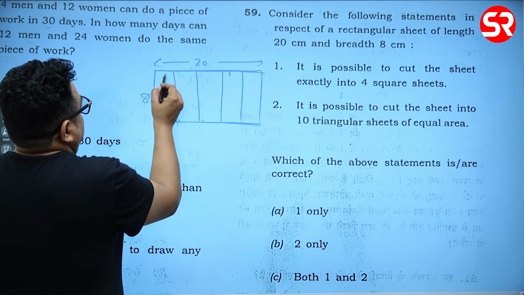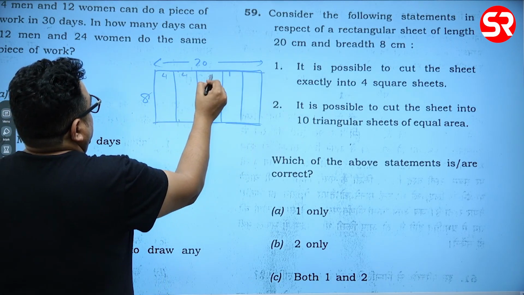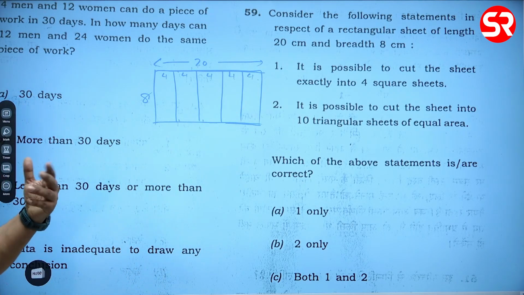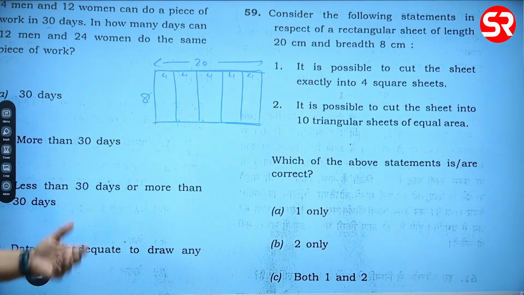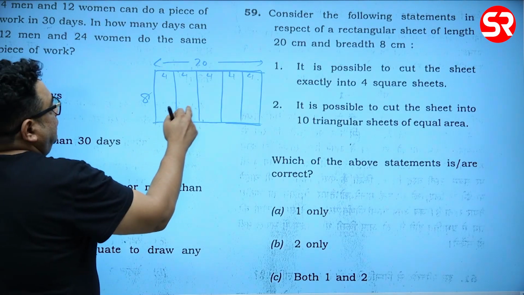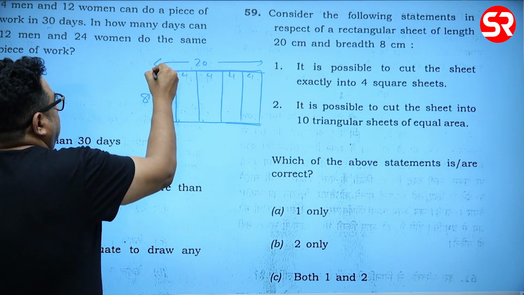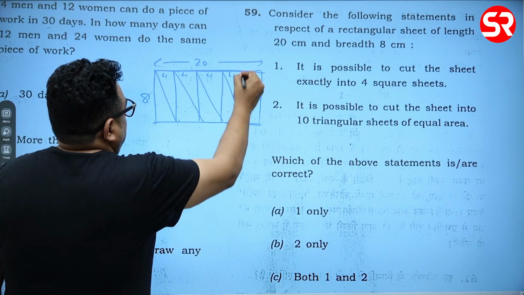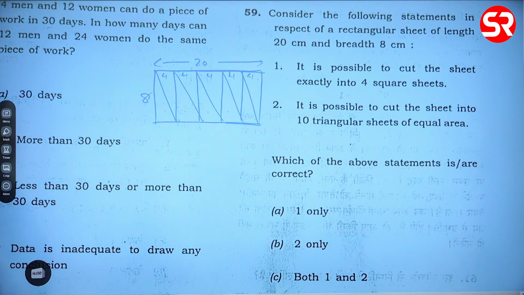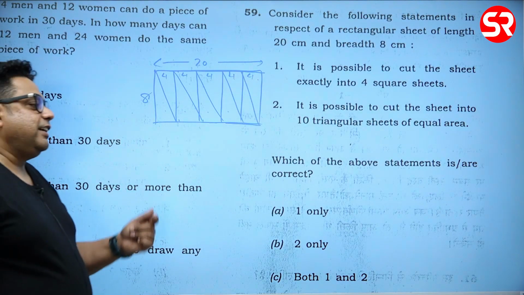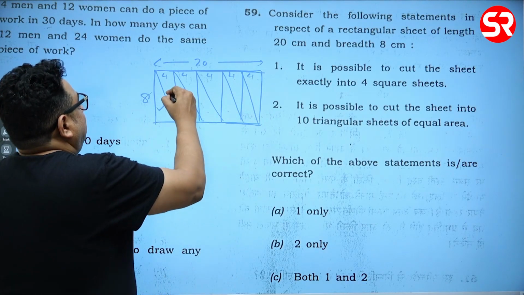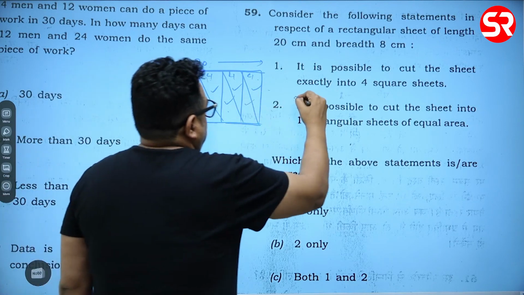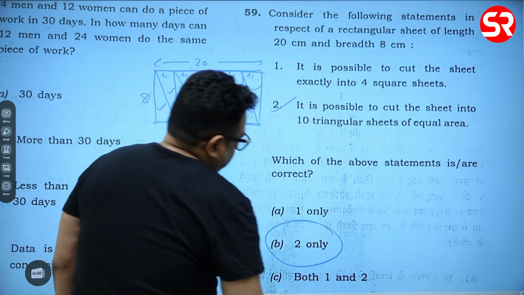This is 4, 4, 4, 4 and 4. Now this is a 4 by 8 rectangle. How many areas are there? 1, 2, 3, 4, 5. Draw the diagonals. How many triangles do you see? A diagonal divides a rectangle into 2 equal areas. Yes, true. Brilliant question, only statement 2.